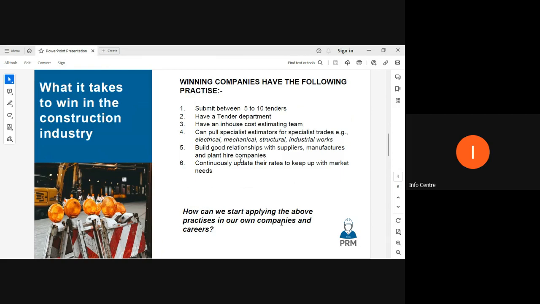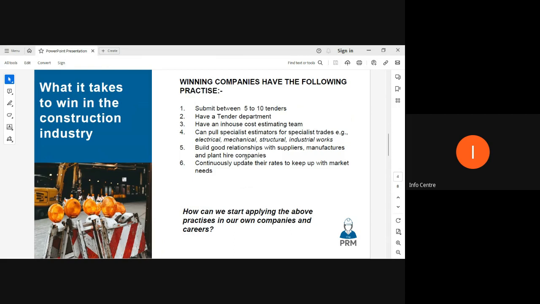You are, let's say, an upcoming QS or you are an experienced QS, but you don't have other disciplines' knowledge and skills. So that's almost impossible to achieve. So you cannot price, let's say, 20, 30, 40 tenders a month because you're a small team. So all of these constraints now work against us in trying to have the qualities that the winning companies possess.